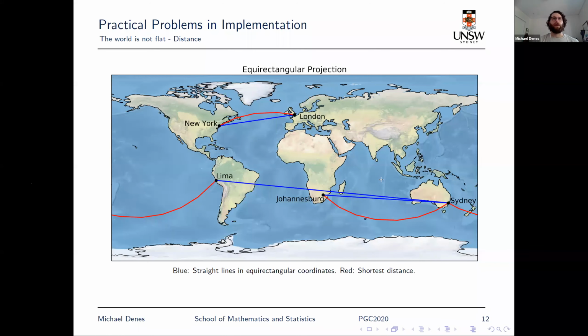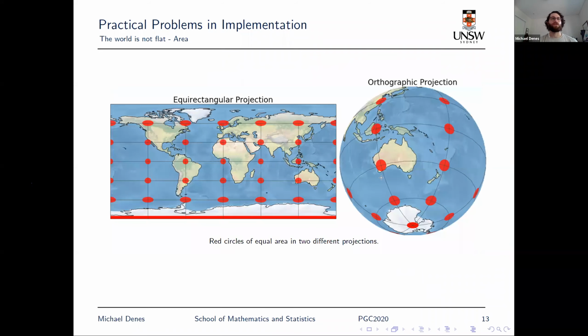But then we have to think about area as well. Because distance isn't preserved, it's distorted, area is also distorted. So on the left, each of these red circles or ovals or even rectangles represent the exact same amount of area. You can see a small circle at the equator is equivalent to a large oval at high latitudes.